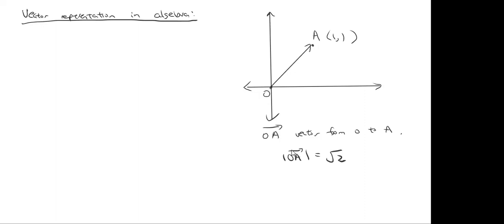Right. Because remember, this distance is 1, and this distance is 1. So basically use Pythagoras to work out that vector OA is actually root 2 distance units long.